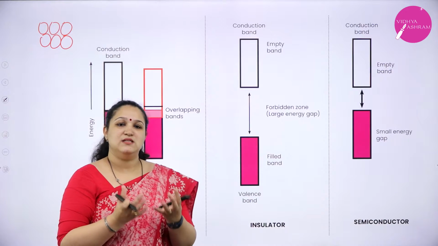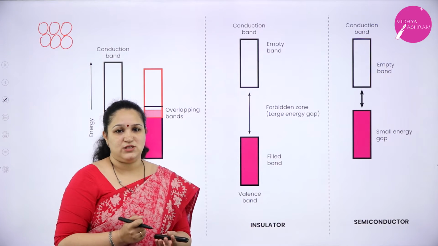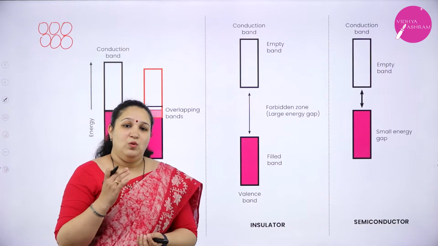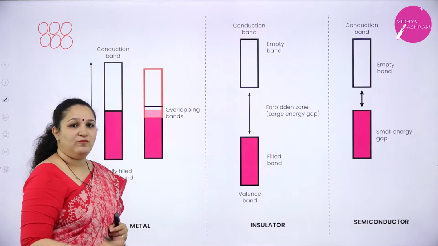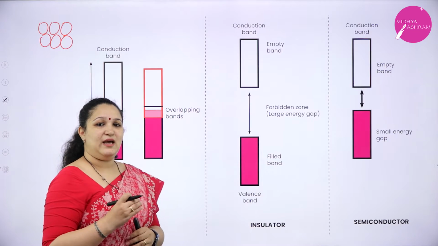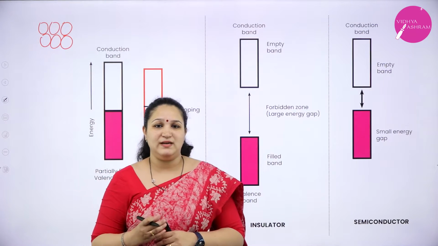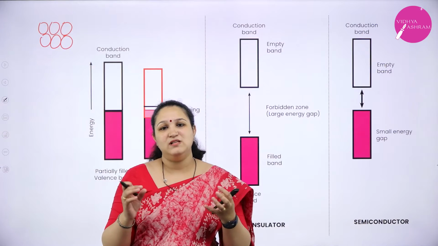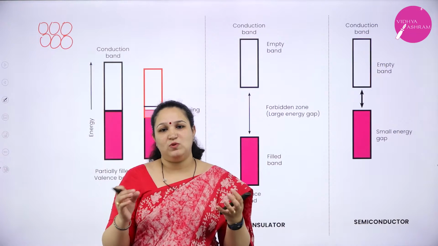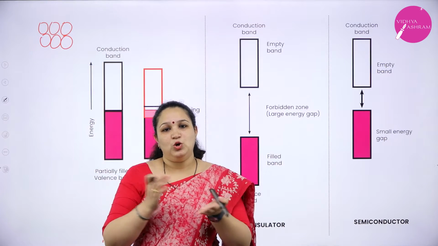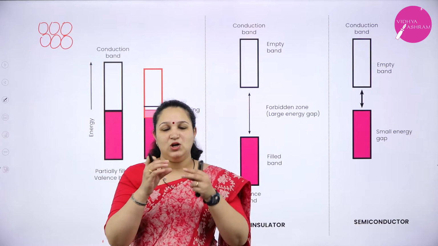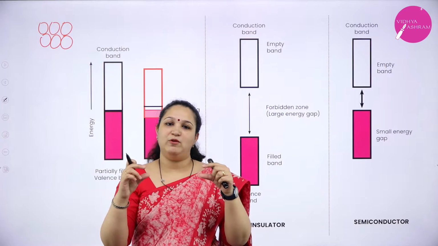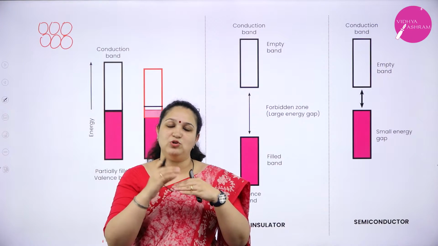There is a small change in their energy. Now, when they are closely placed like this, the energy levels or shells can be grouped into different types of bands, that is, very close, similar energy levels can be put together to form a band.